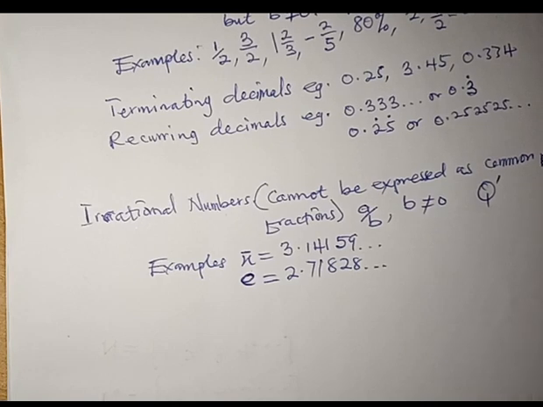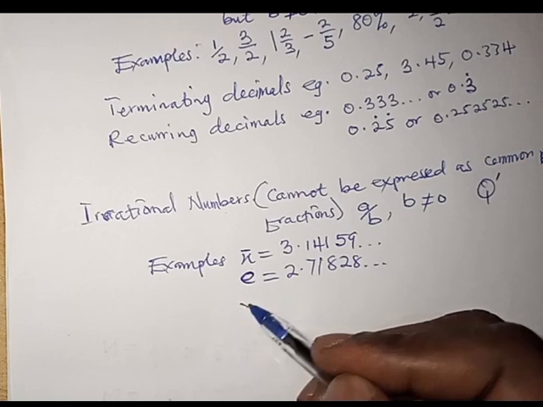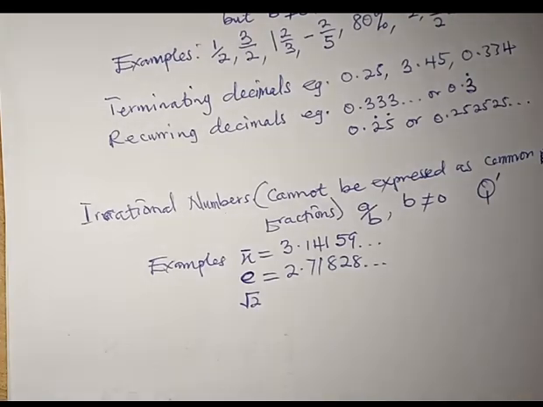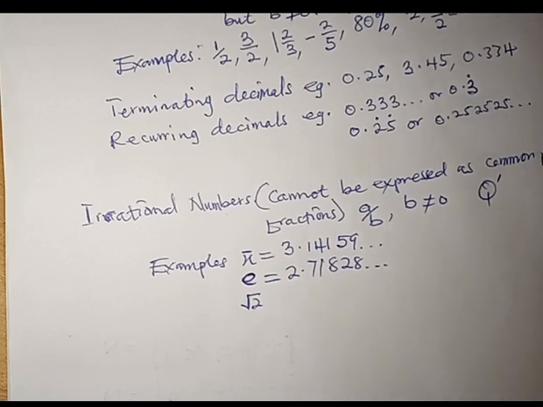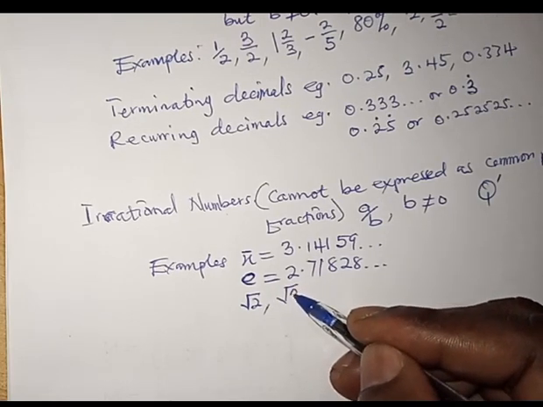Let's add more examples. Now let's look at some square roots of numbers. So if I give you the square root of 2, great. So the square root of 2 is also an example. Now let's take note, all the square roots of prime numbers are irrational numbers. So let me add more. We can have the square root of 3.